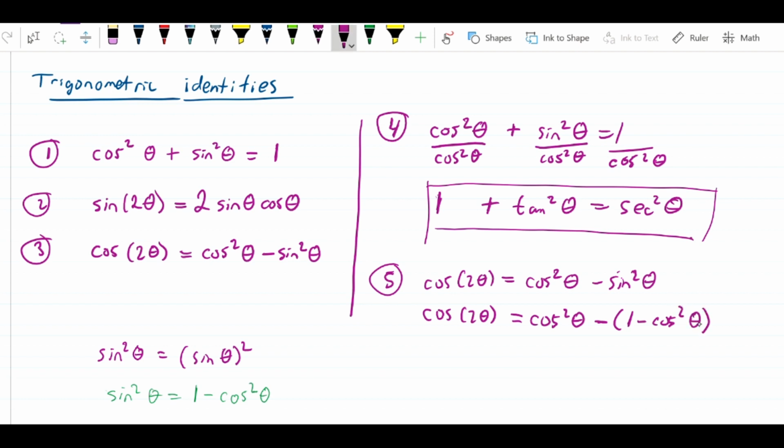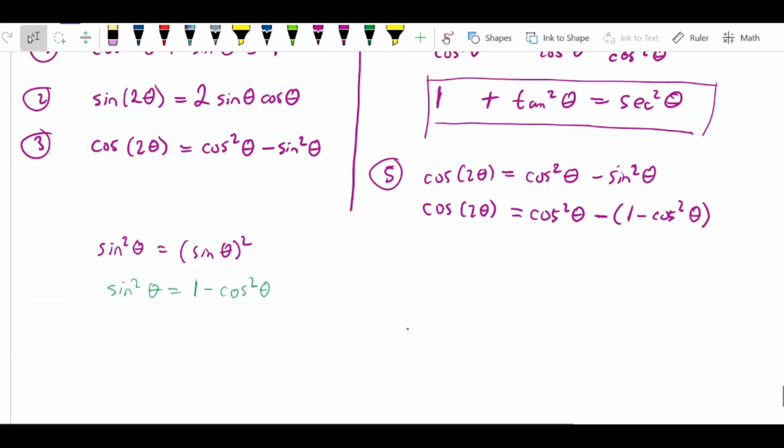And with a little algebra, I can rewrite this as cosine of 2 theta is equal to cosine squared theta minus 1, and then minus negative cosine squared theta gives me plus cosine squared theta.